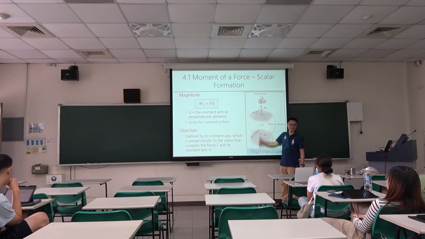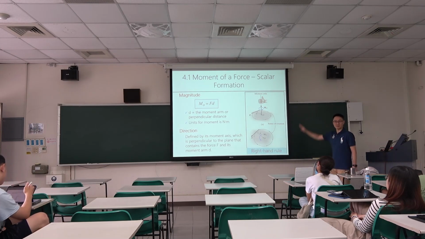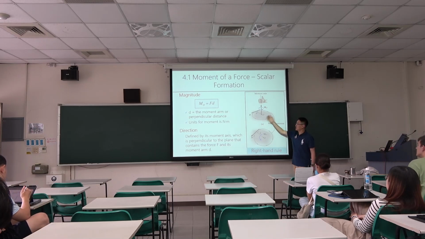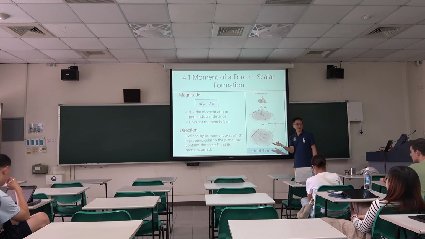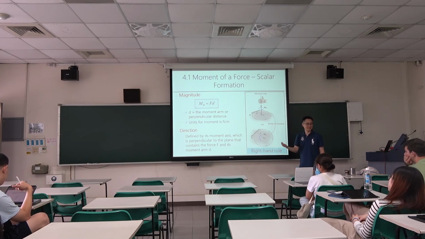Okay? So is the moment direction definition clear for you? Of course, due to three-dimensional problems, we can have different directions of moment. Can you imagine? Because we have different planes.